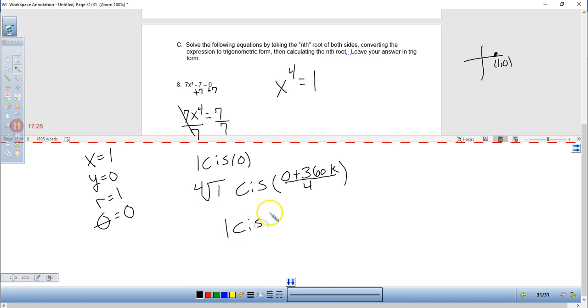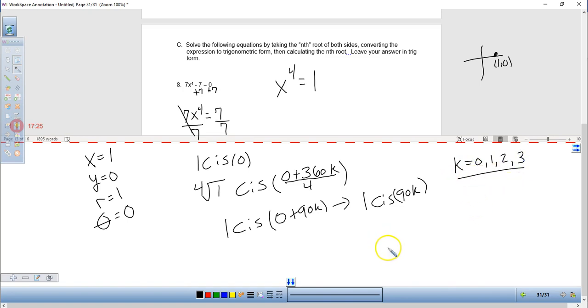Cosine I sine of 0 divided by 4 is 0, plus 360 divided by 4 is 90k. So really we're talking about 1 cosine I sine of 90k. Remember that k can be anything up to n minus 1, so k is going to be 0, 1, 2, and 3. And we're going to leave it in trig form. So this is it.